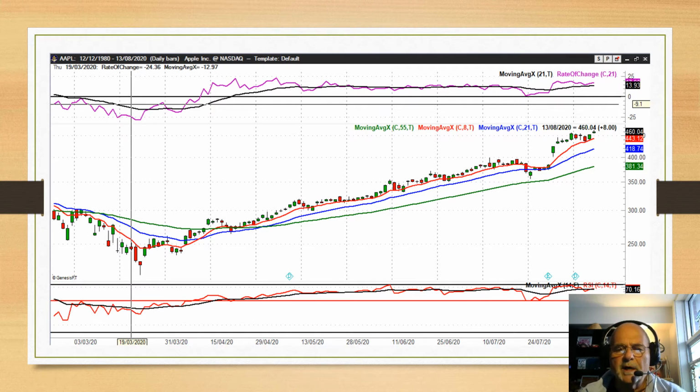As you move your eye to the right, you can see the red line crossing above the blue while the blue is above the green. This is our get-in point, with obviously a little more detail explained to you, but you should be able to see that. This is what we're talking about. We're talking about a simple method, simple chart setup, and you can do this for yourself.